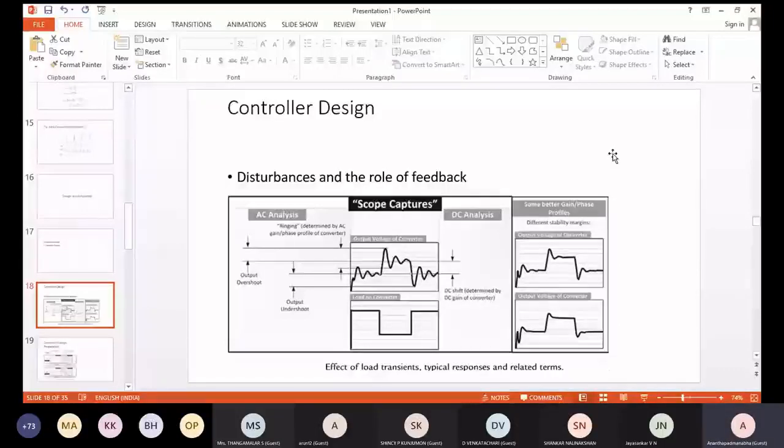Just like that, whenever you ask the capacitor voltage to change from one value to another, it will not do so instantaneously. It will take some time. So basically, these energy storage elements are inertial elements. These inertial elements have to be handled properly through the controller.